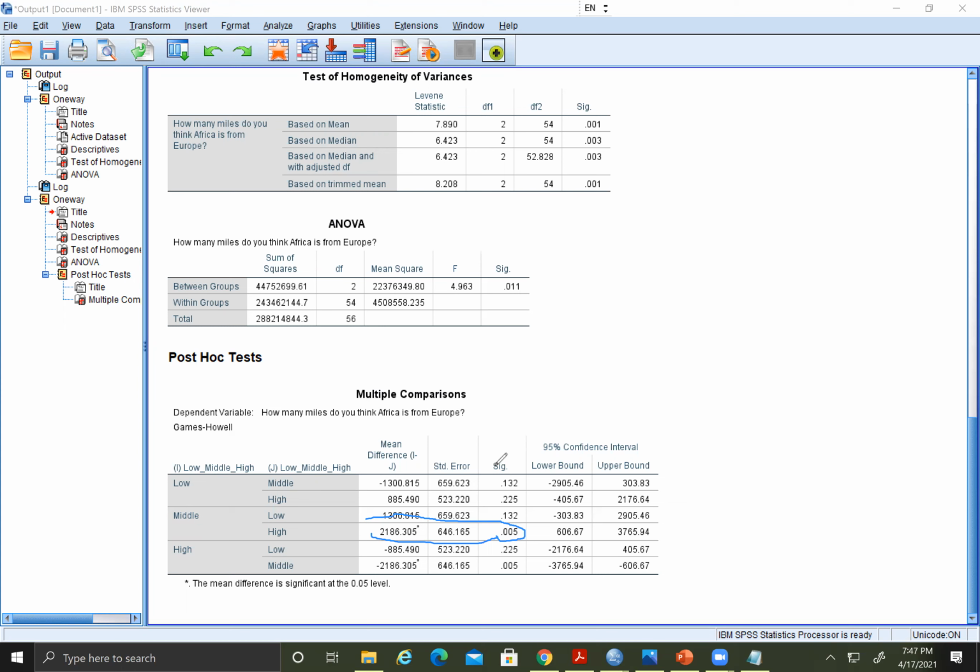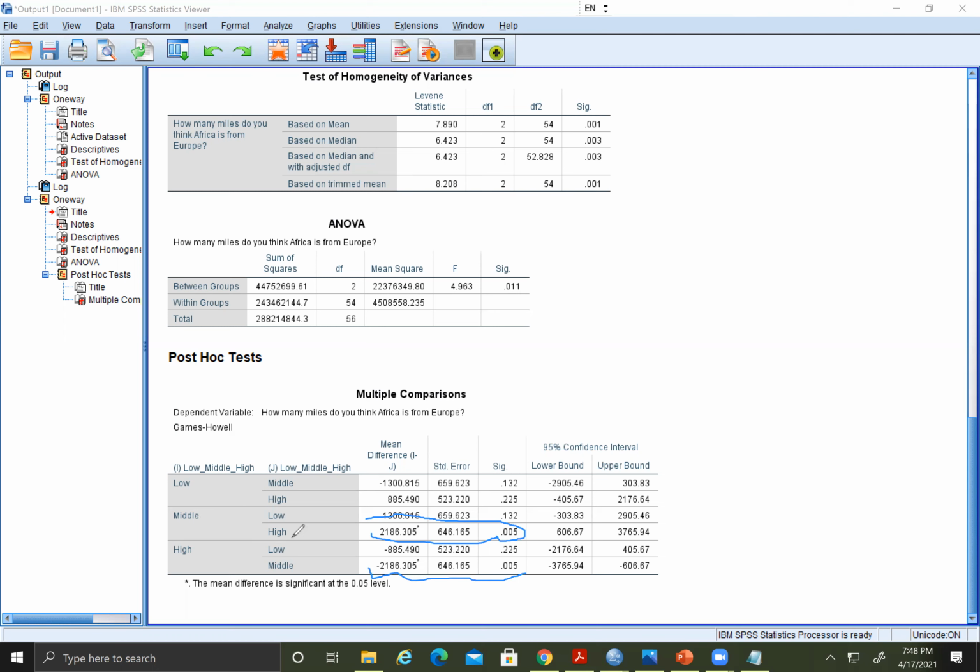By checking this probability here, you can tell which groups are different. In our case, it's the middle and the high. You will also see the same here, except the sign changed in the last row, because it's the first subtract the second.